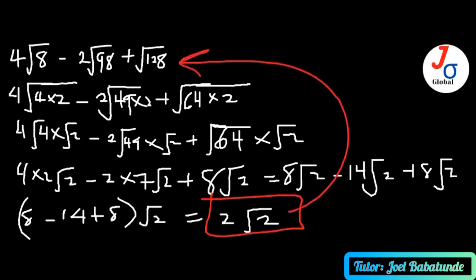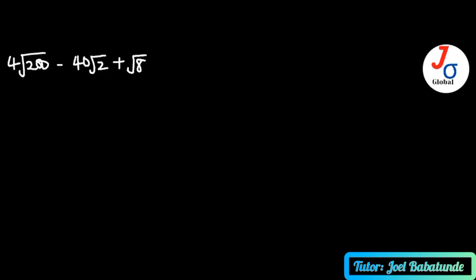Alright, so here we go with this example. I want you to pause the video right now and try this yourself and see what you get. Alright, assuming you have done that, let me do that for you. So I'm going to have 4 root 200, that'll be 100 times 2. 100 is a perfect square.